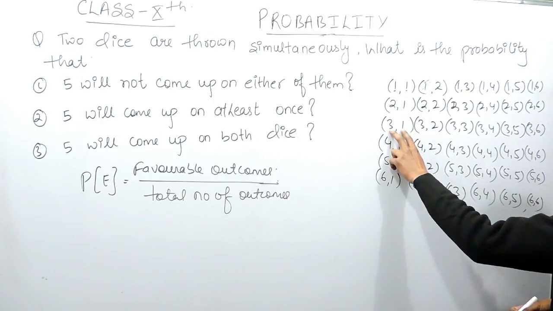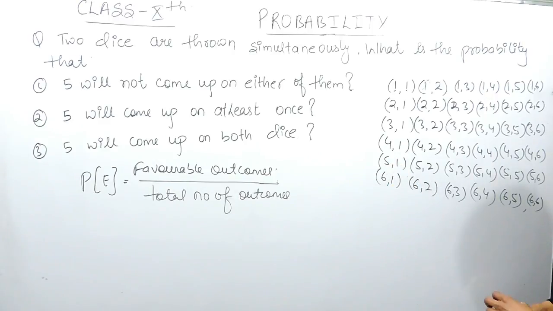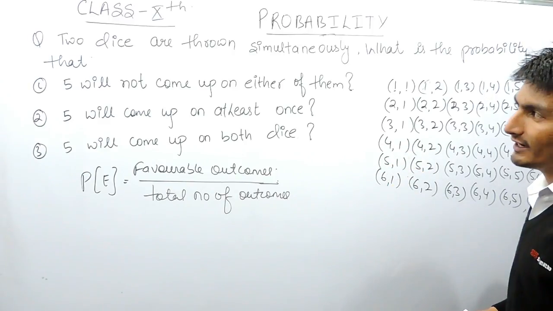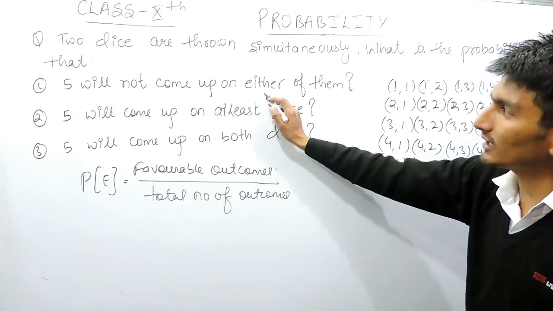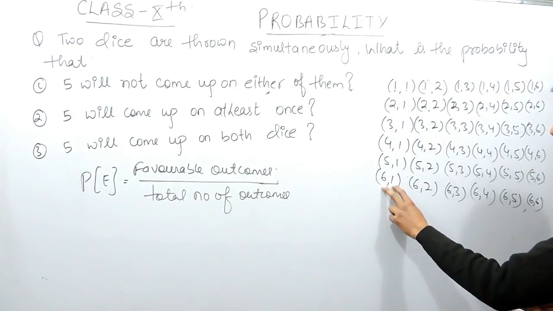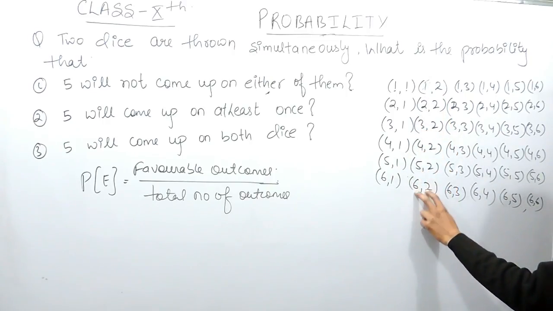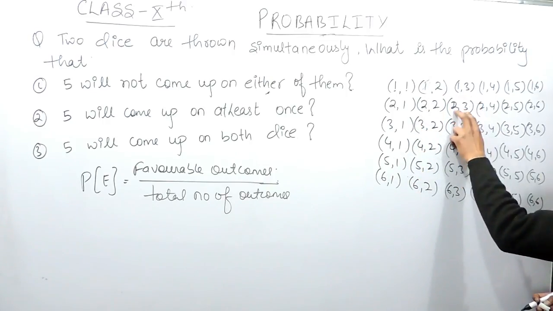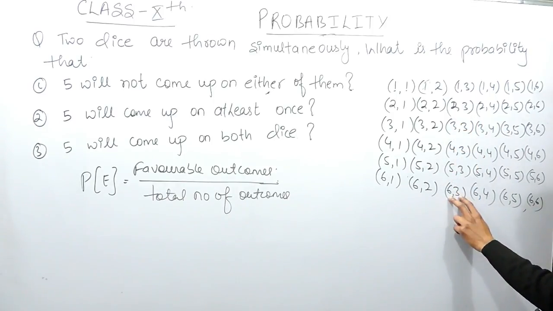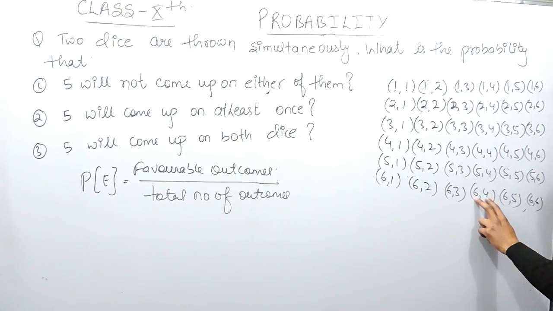So 1, 2, 3, 4, 5 is the first set. Then 6, 7, 8, 9, 10, 11, 12, 13, 14, 15, 16, 17, 18, 19, 20.